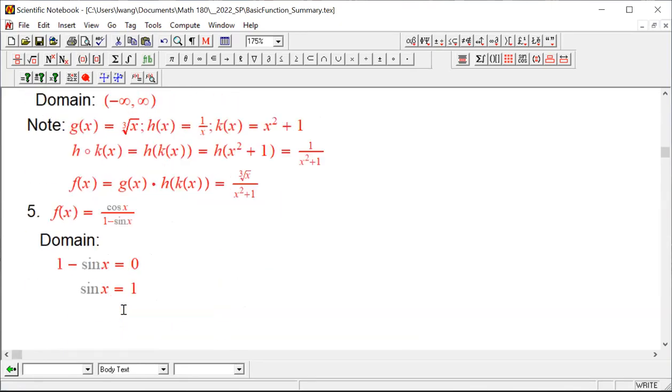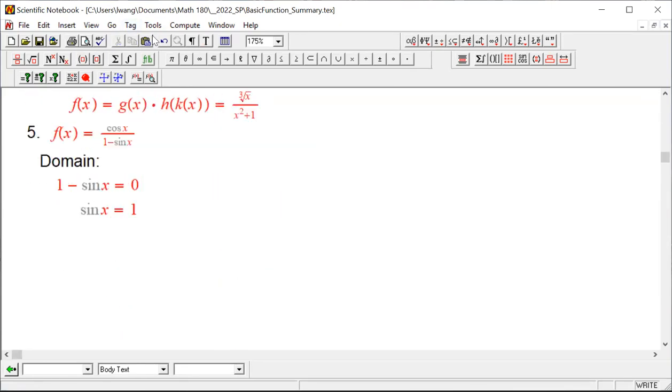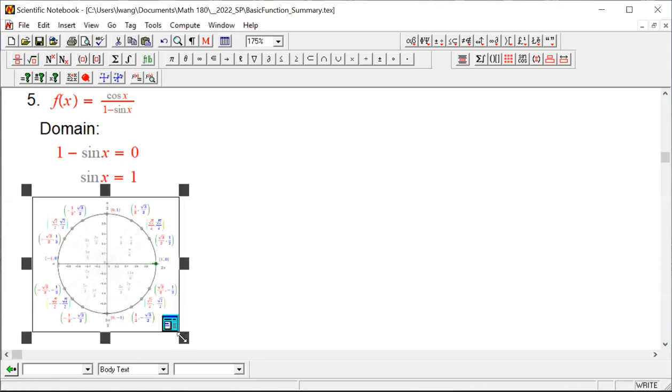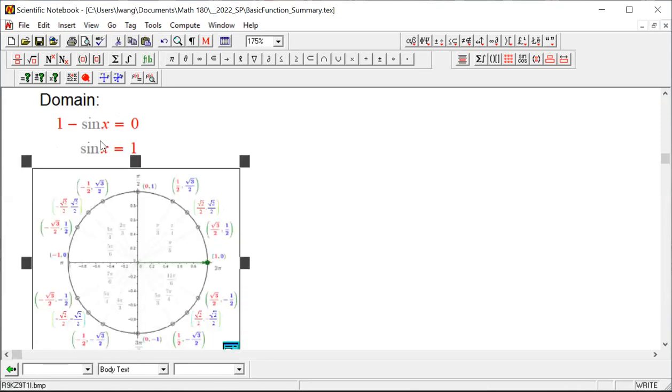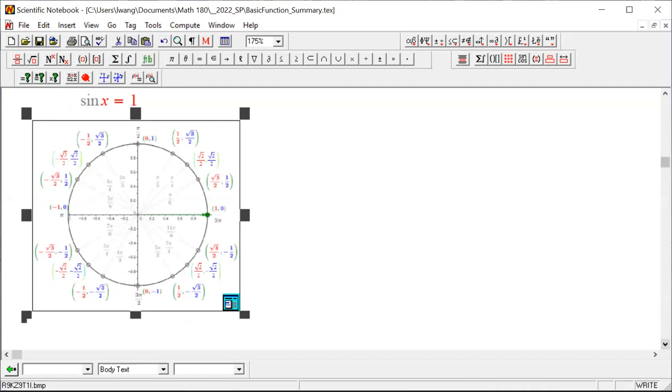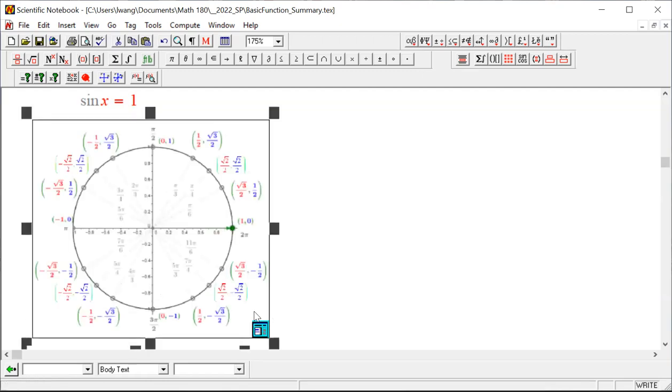So on the unit circle, what will make sine x equal to 1? Look at that unit circle. Which terminal will give sine x equal to 1? The sine values are the blue numbers, right? And so this is the number, isn't it?